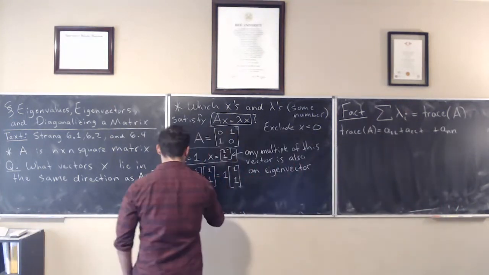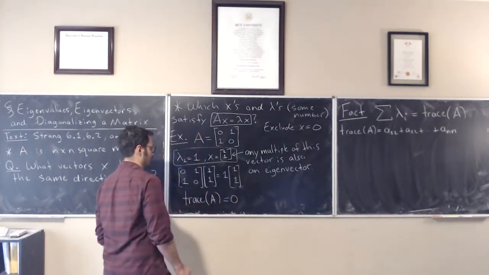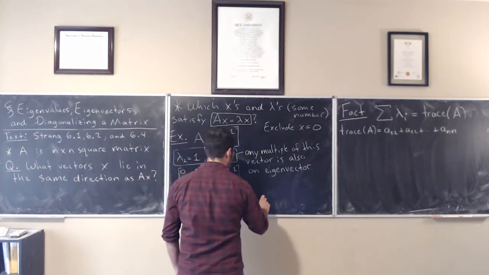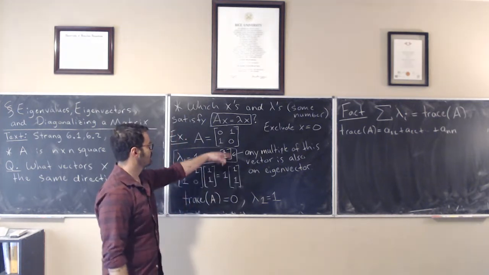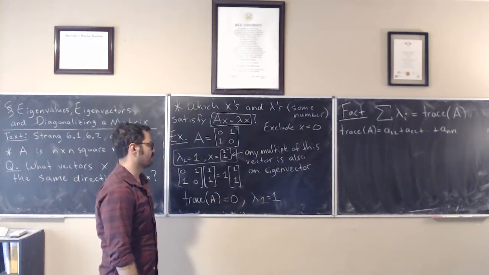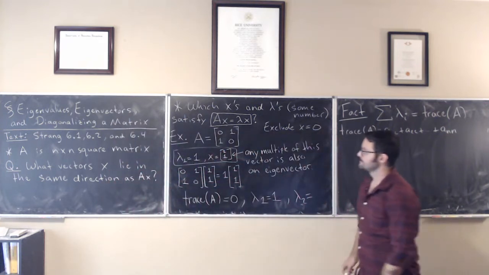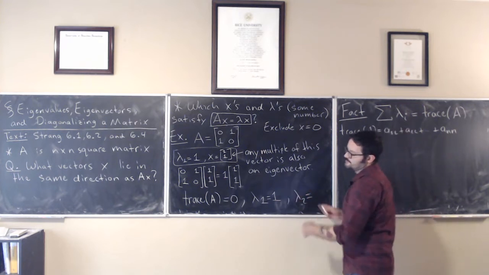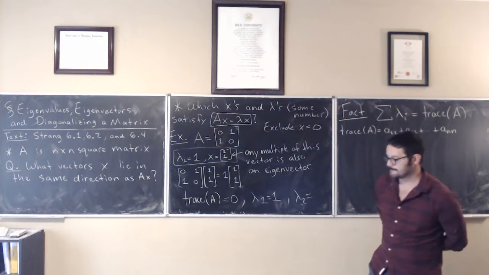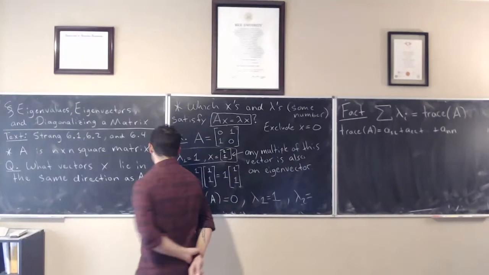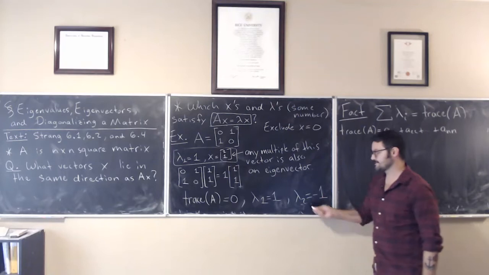So the trace of this matrix is just 0. And we know that one of the eigenvalues is 1. We're hoping that there might be another one. If the sum of the eigenvalues equals the trace, what is the other eigenvalue for this matrix? -1. Perfect. So that has to be the other eigenvalue.